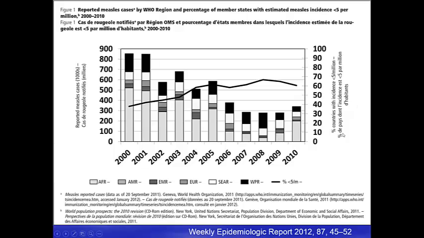On the y-axis on the right-hand side here, we can see that the percentage of countries with a low incidence of measles is rising. So that means that more and more countries are improving their measles vaccine programs and reducing the number of measles cases. So there's a slight but significant increase in the low measles prevalence countries over time.